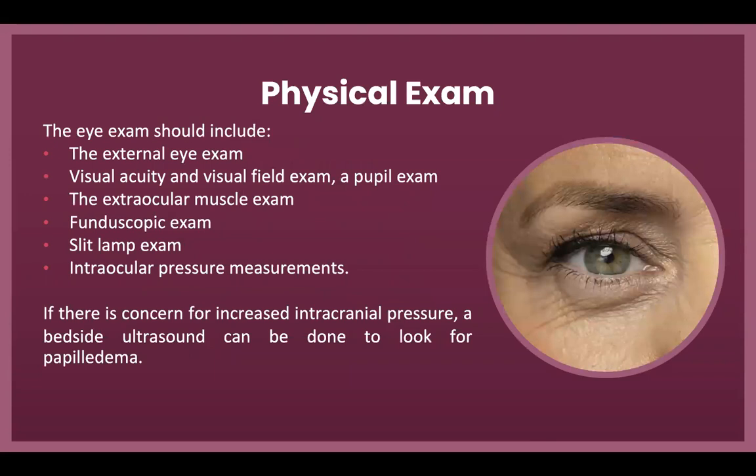The physical examination of the eye should include external eye examination, inspection of the eye and the adjacent structures, visual acuity and visual field examination with pupillary exam, extraocular muscle examination, fundoscopic examination, slit lamp examination, and intraocular pressure measurement.